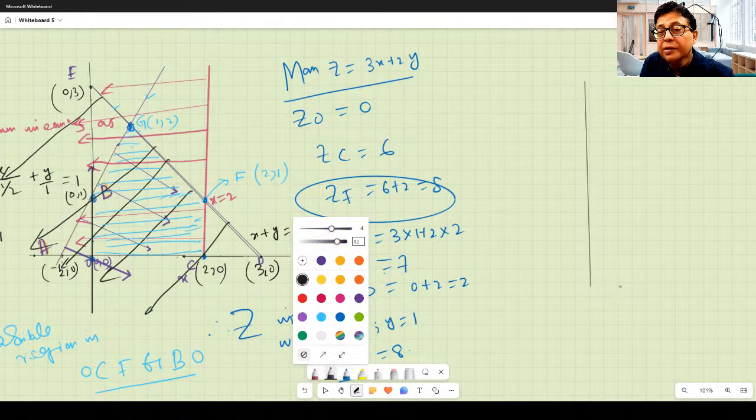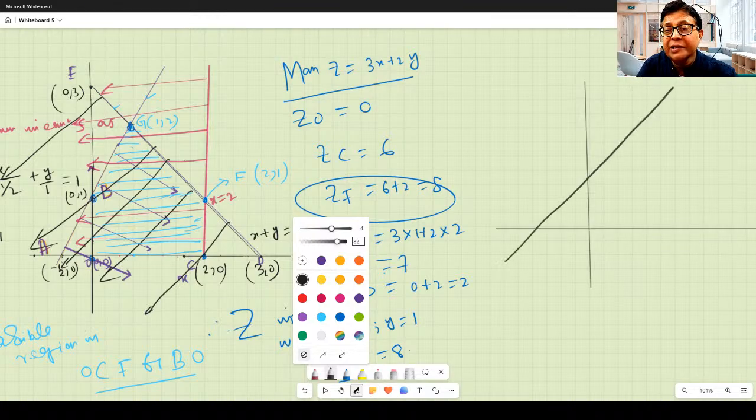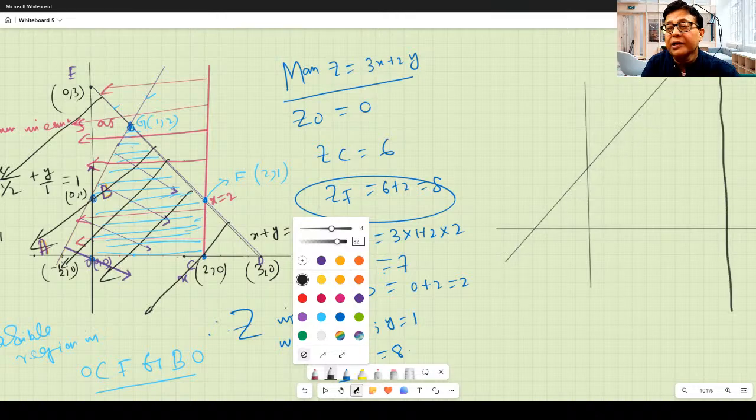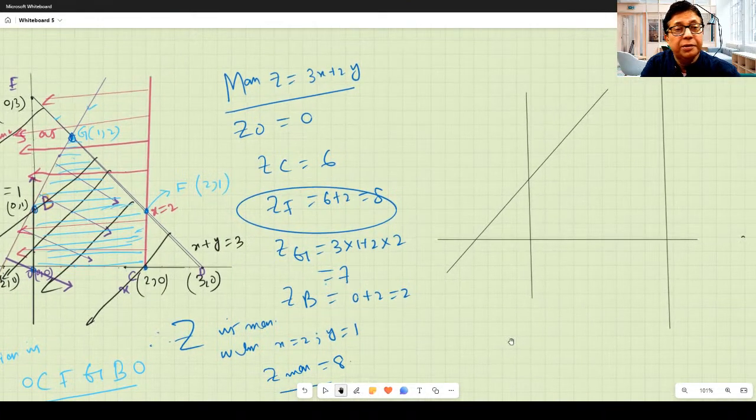This way, then one line going like this, one line coming like this, other one is like this. Yeah. These points we got, we'll use it.